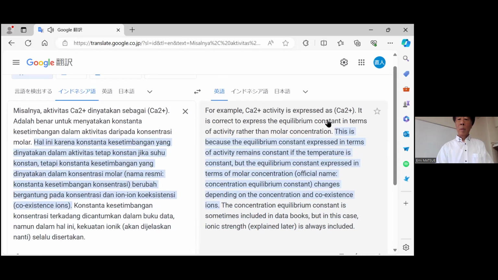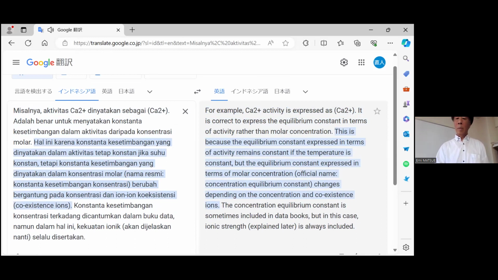For example, Ca2+ activity is expressed as a_Ca. It is correct to express the equilibrium constant in terms of activity rather than molar concentration. This is because the equilibrium constant expressed in terms of activity remains constant if the temperature is constant.